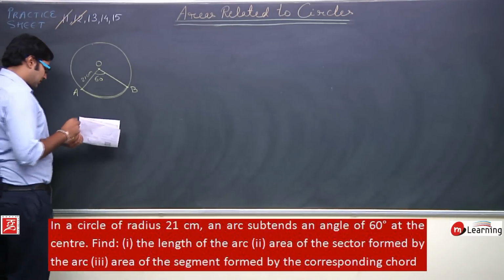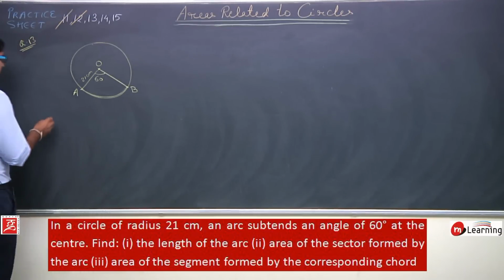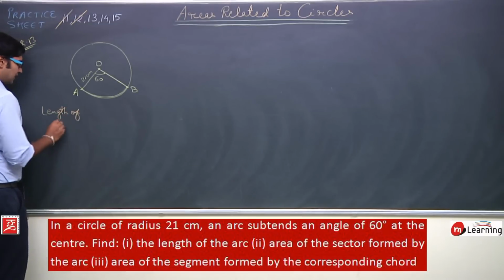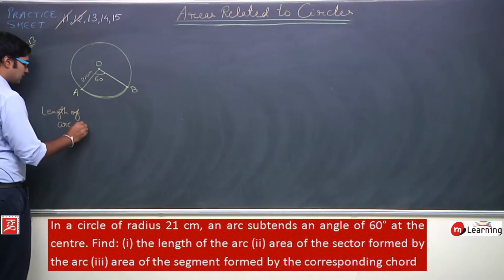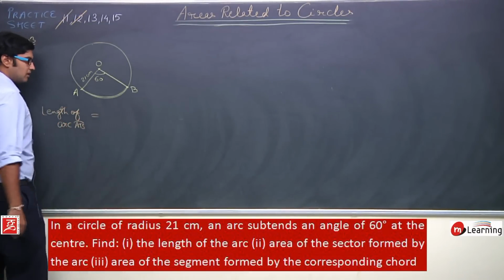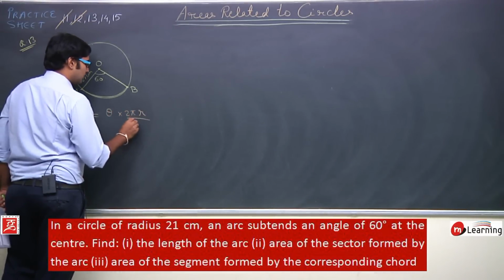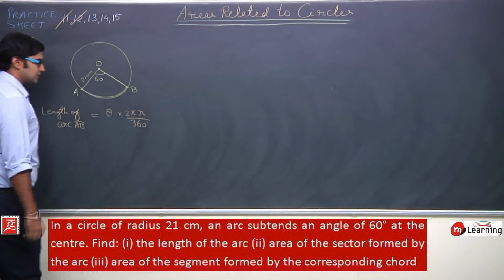We have understood, we have derived the formula for length of the arc. Length of arc AB will be equals to theta into 2 pi r upon 360 degrees.